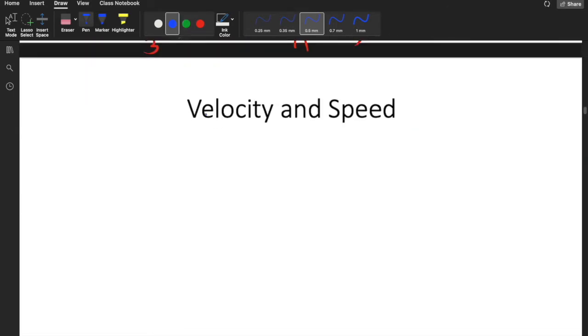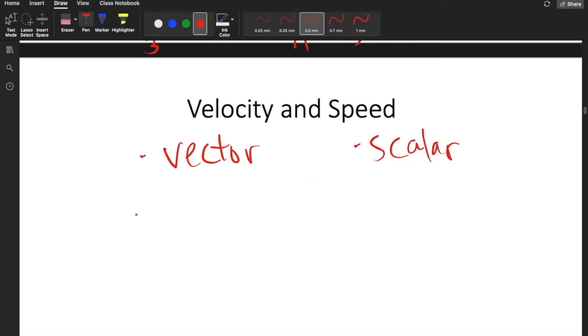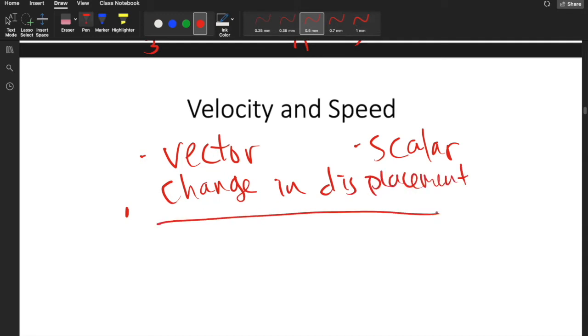Alright, so now let's talk about velocity and speed. So velocity is a vector and speed is a scalar. And velocity is equal to change in displacement over change in time.